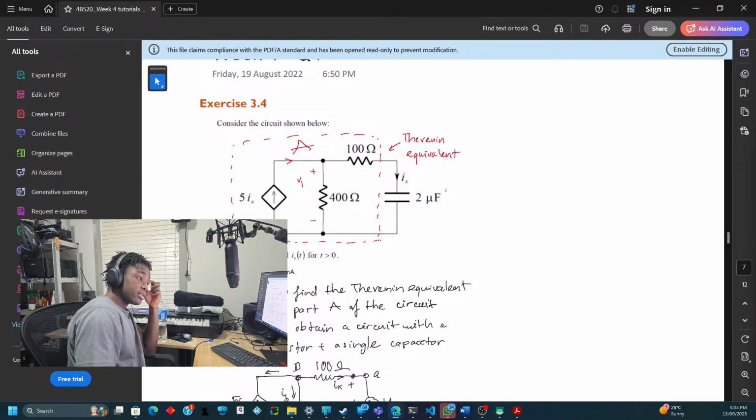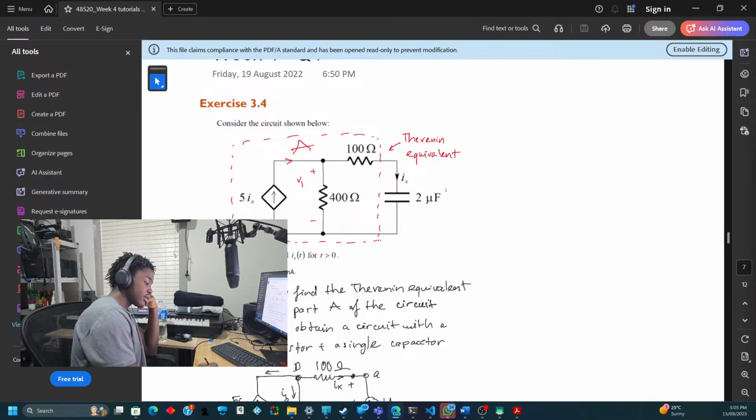So they're saying we need to write the KCL expression at the second node, because that is where the current is flowing. So the current flowing to the resistor is Ix.